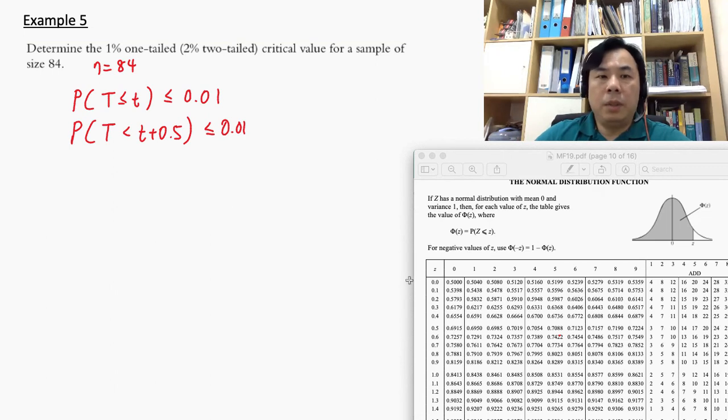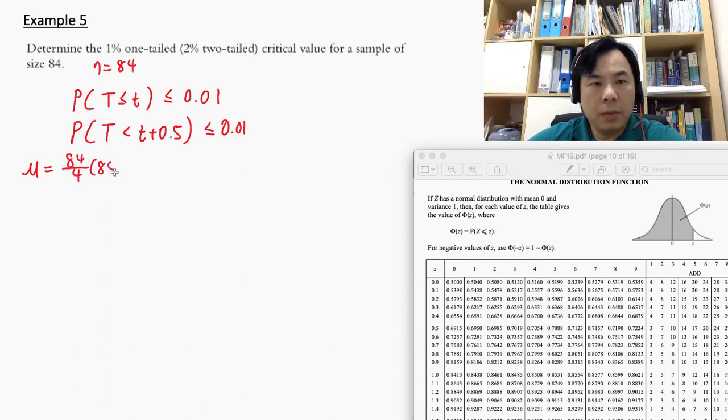And then from here, we need to approximate it using the normal distribution. Now the mean is given by 84 times 85 over 4. So let me try to tabulate this properly.